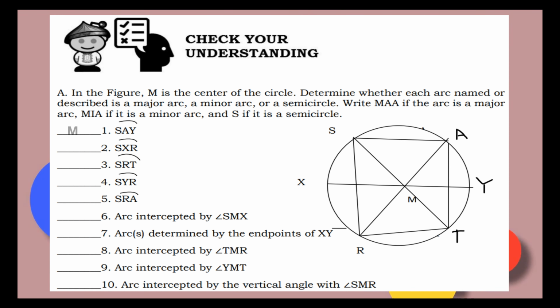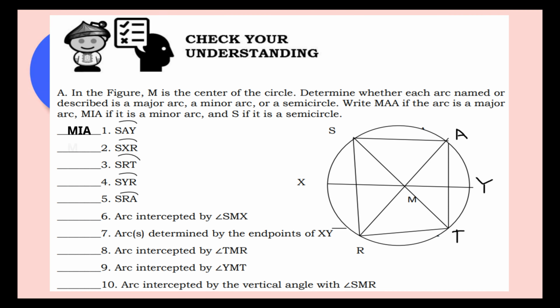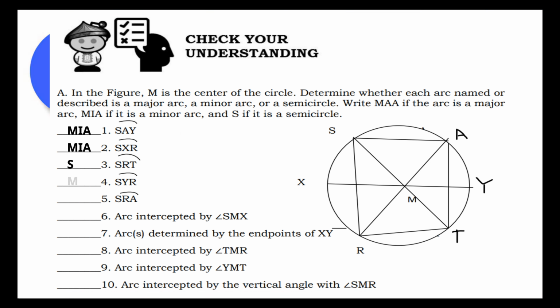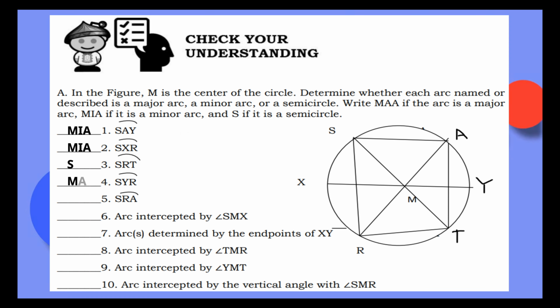is MIA. In number 2, arc RSX is MIA. Number 3, arc SRT is S. Number 4, arc SYR is MAA.